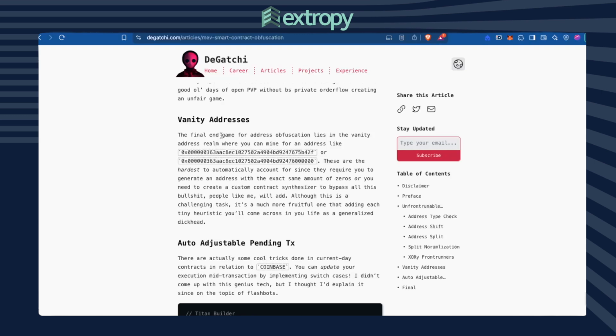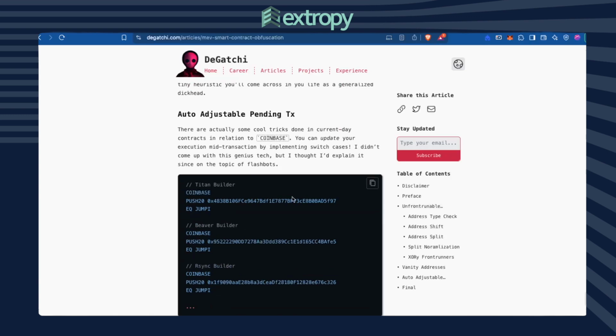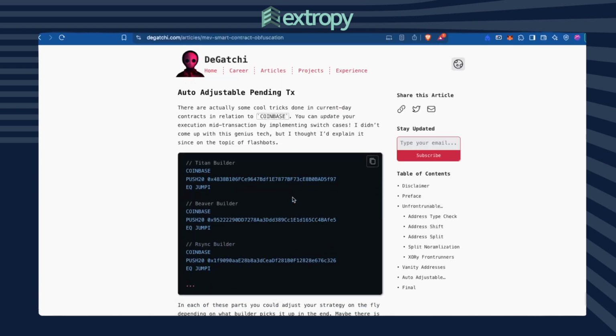But what I think he's talking about here is that you create a vanity address with a particular number of zeros, and then it becomes even less obvious that this is an address, particularly when you combine this with the other things he's done, for example, putting zeros on the end. So that can make it even less obvious what's going on.